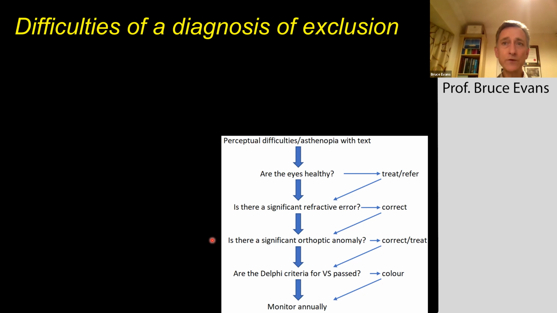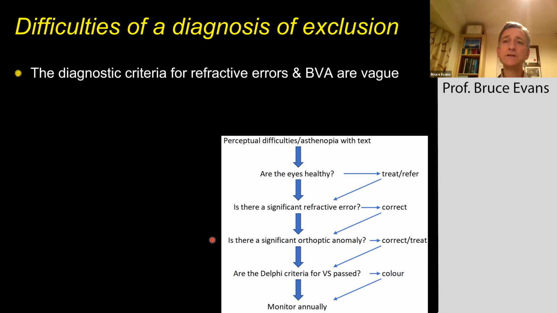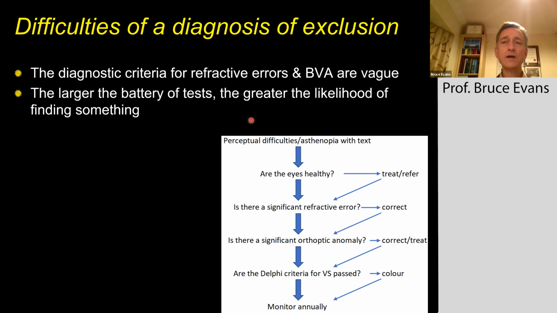And I would argue that part of this workup should also be the detection of the Delphi criteria for visual stress. Now, a difficulty with this pathway is that diagnostic criteria for refractive errors and binocular vision anomalies are themselves vague. And particularly in the States, they do a very large battery of tests of binocular function that, of course, the larger the battery of tests you do, the more likely it is that you will find an anomaly.